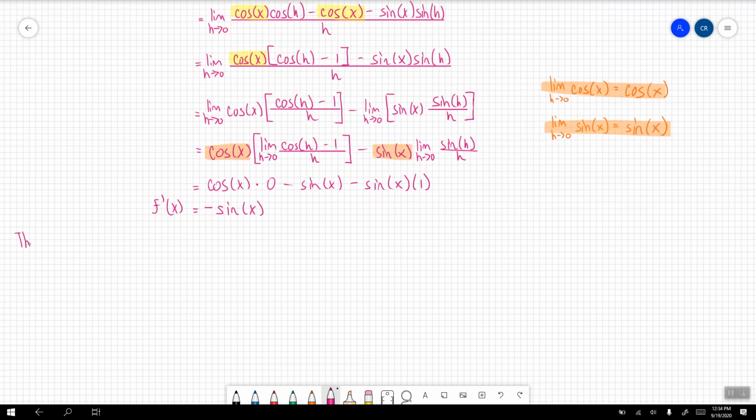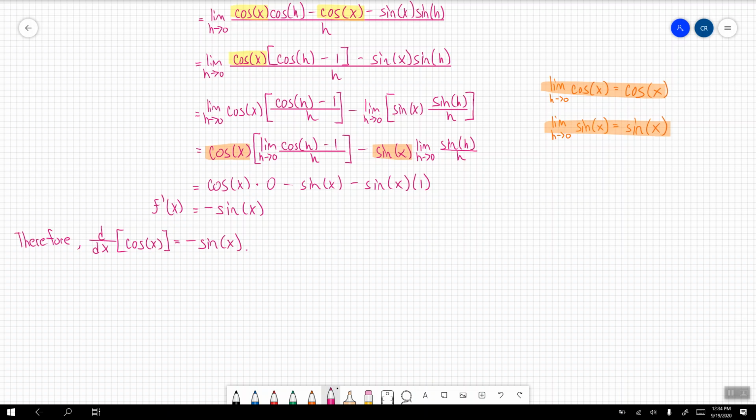Therefore, what we can extract is that when we take the derivative of cosine of x, that derivative is going to be negative sine of x.